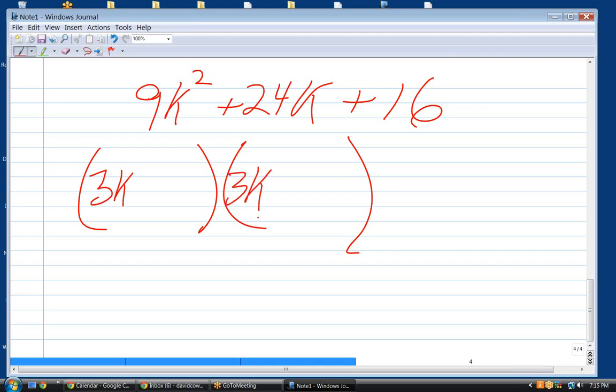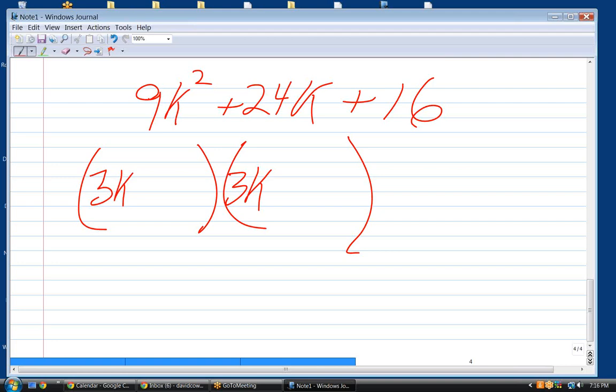That works. That may not be the right answer because another possibility is 9k and 1k. But we're going to use our standard formula for doing this. We're always going to start with the 2 factors that are closest together. 3 and 3 are closer together than 9 and 1.